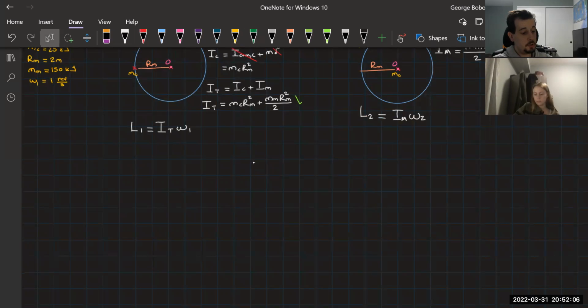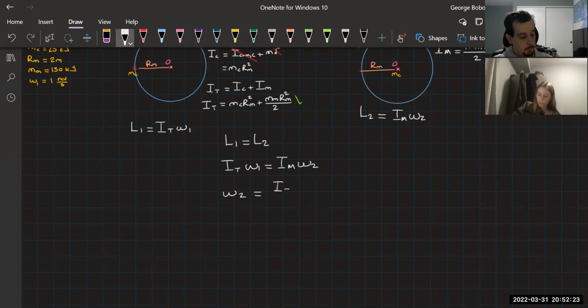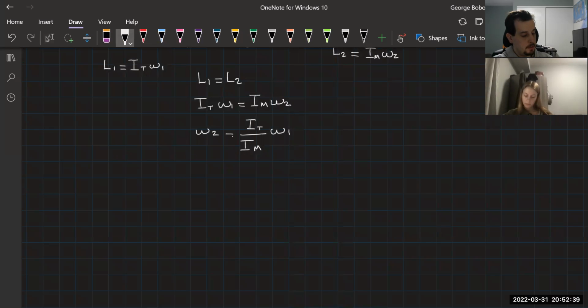So what do we do for conservation of angular momentum? Set them equal to each other. So we got I total omega 1 equals IM omega 2, and we can easily figure out what omega 2 is. So again, it depends if you want to open up what the I total is. It doesn't really matter right now, but I'll put it in terms of original variables.